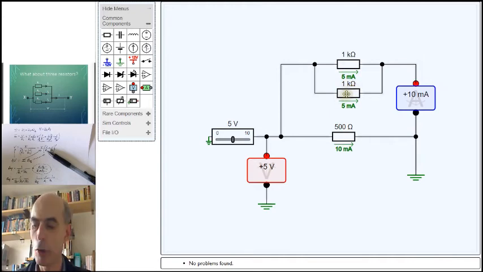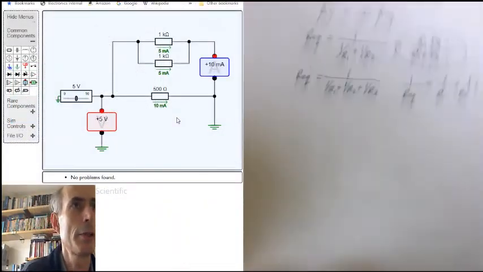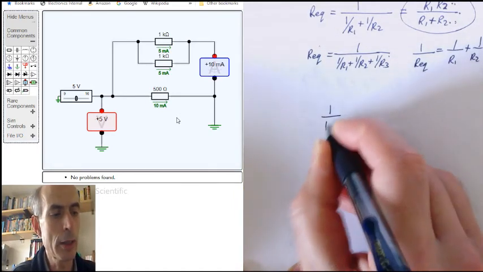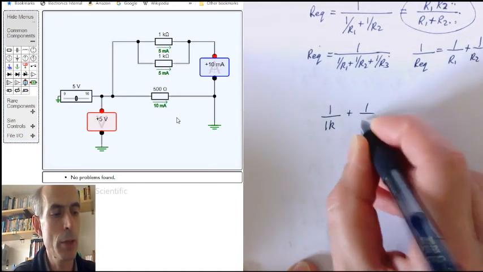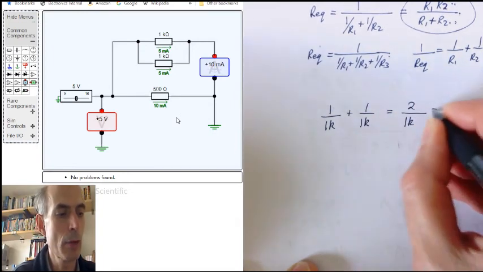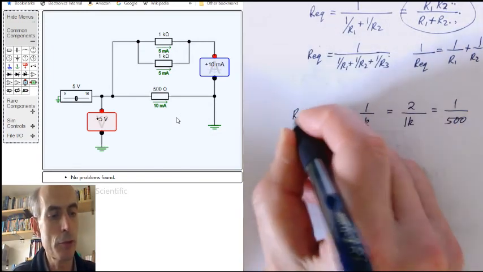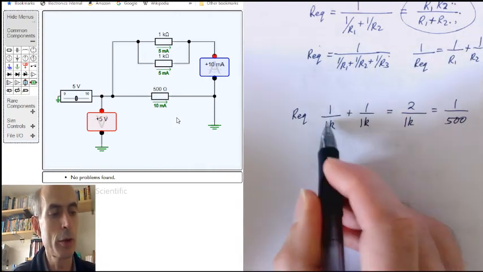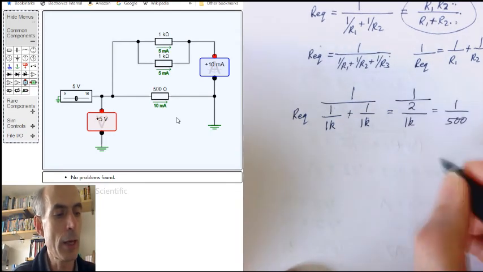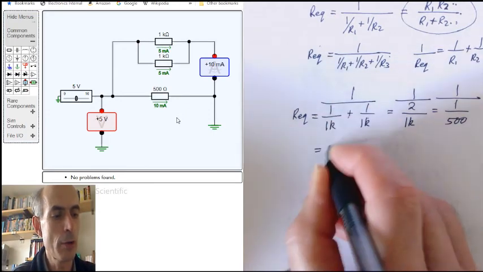And that's exactly what the formula would predict. If we have a look at putting some numbers in, 1 over 1K plus 1 over 1K is 2 over 1K, or 1 over 500. So, the equivalent resistance of two 1K resistors in parallel is 1 over this, which is 1 over 1 over 500. That's just equal to 500.